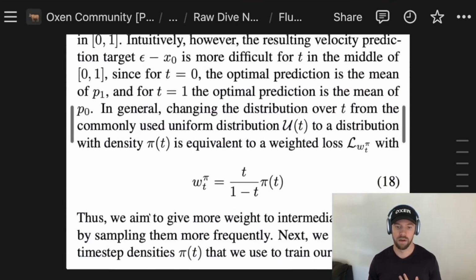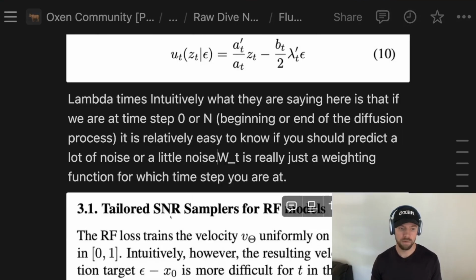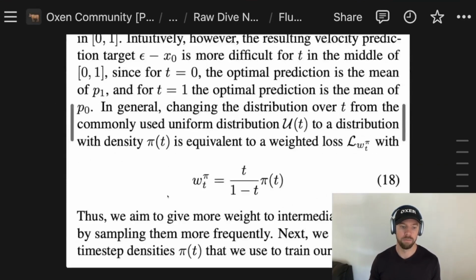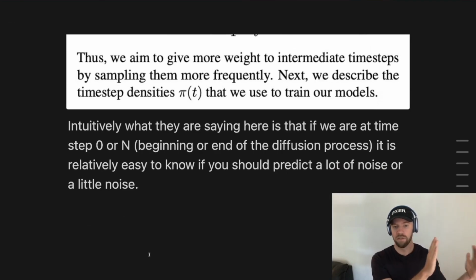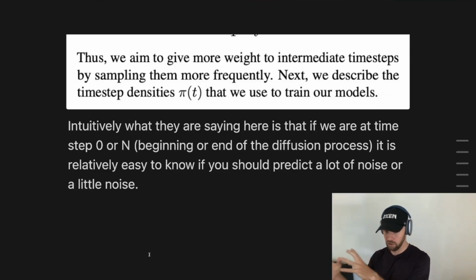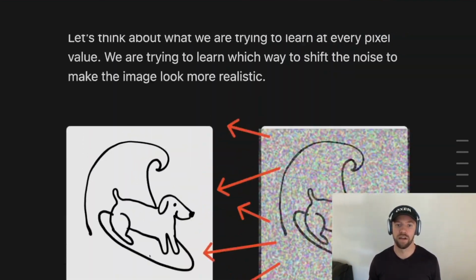So again, some fancy math here, but intuitively, what they're saying is depending on what timestamp you're at, if you're at the beginning of the process or the end of the process, it's much easier to either predict a lot of noise or predict very little noise. But it's harder when you're in the very middle step.